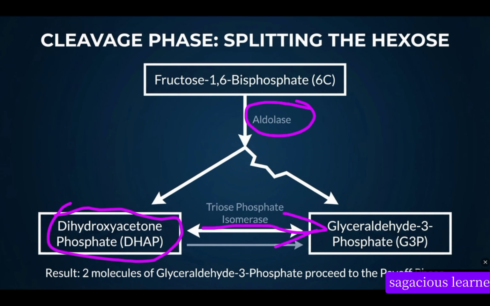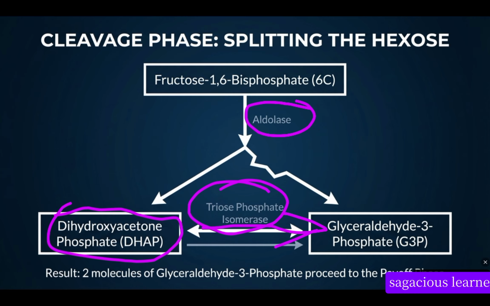To glyceraldehyde triphosphate, by an enzyme known as what? Triose phosphate isomerase. So what is triose phosphate isomerase doing? It is converting dihydroxyacetone phosphate to glyceraldehyde triphosphate. And it is done by an enzyme known as what?